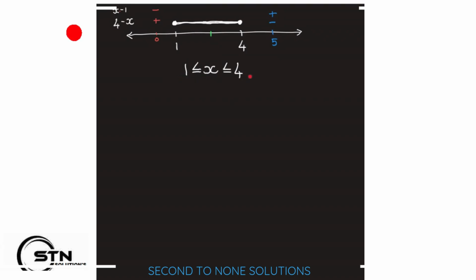Now, this is one way to write your answer. You could also do it in set builder notation, where you say x is an element of, and it goes between 1 and 4. If you do it this way, you need to keep in mind that these brackets must be square, because it's including the value of 1, and it's including the value of 4 over there.